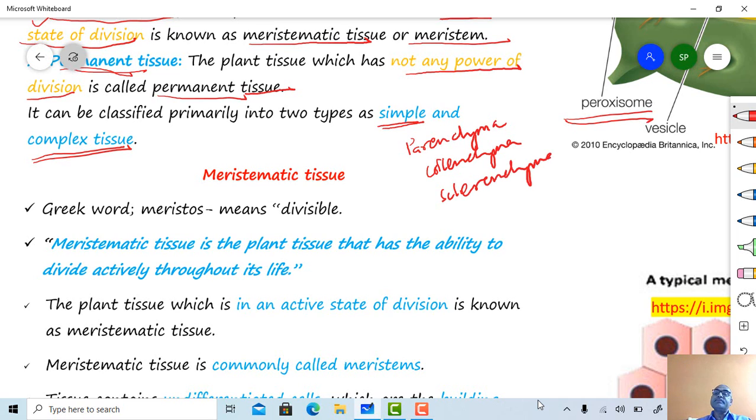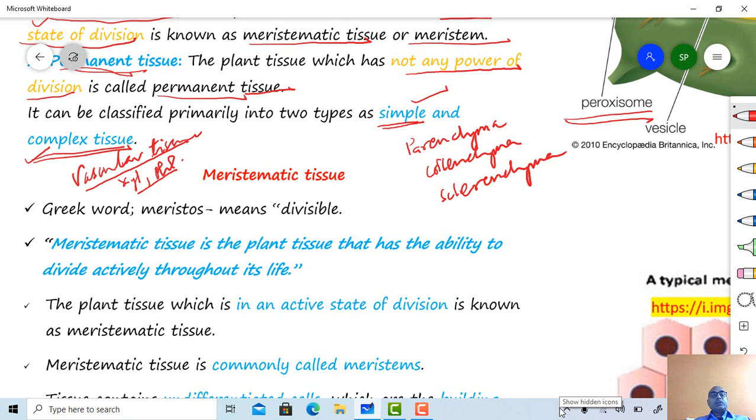And what are the complex tissues? Complex tissues are actually vascular tissues. Which are the vascular tissues? Xylem and phloem. These are the vascular tissues, which are actually complex tissue.